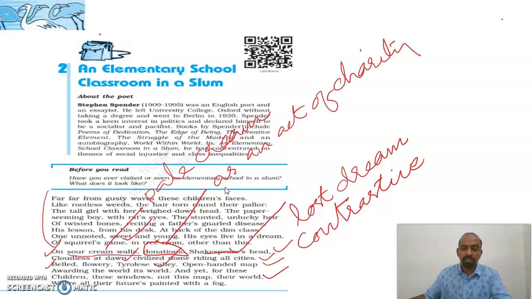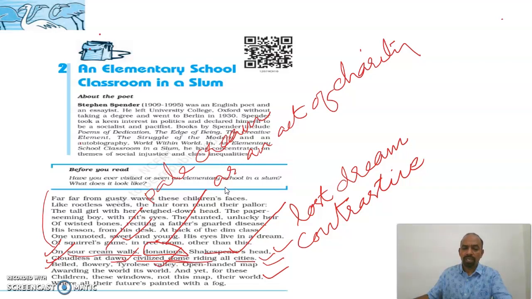Shakespeare, his photograph is in the classroom. Next, cloudless at dawn. A cloudless morning, the sunrise, another donation in the classroom. Then civilized dome riding all cities.